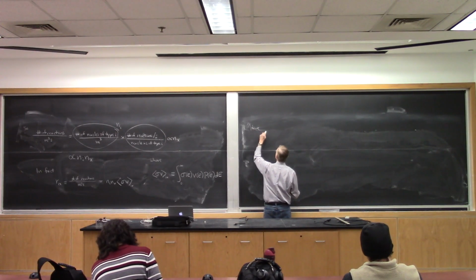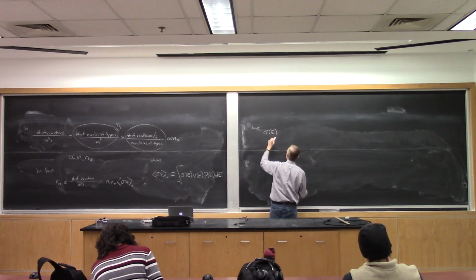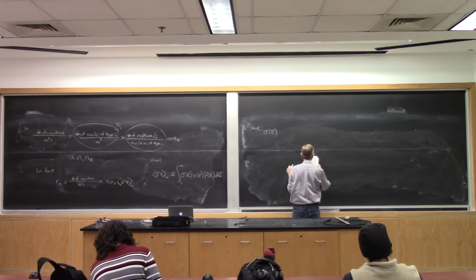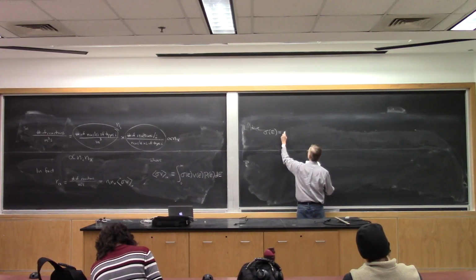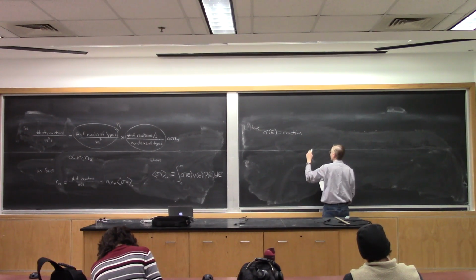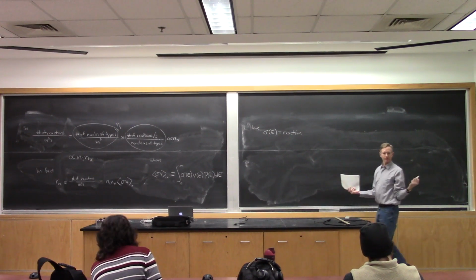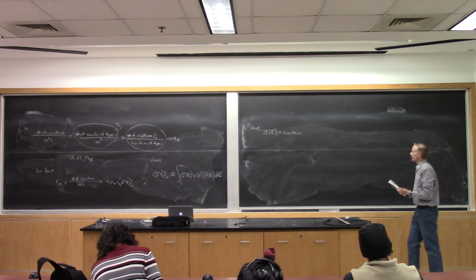So here, sigma of E is the reaction cross-section as a function of energy in the center of mass frame. And again, we'll give a precise definition of what reaction cross-section means. It shows up in particle physics and nuclear physics, both.